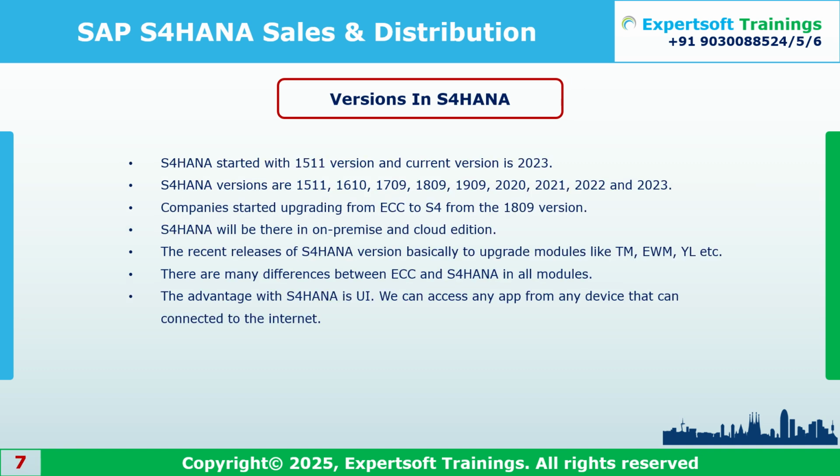Okay. S4HANA was introduced in 2015, and the initial version was 15. Even though they introduced it, those were like trial versions. 15, the version released in 2015, 16, 17 were like trial versions. Actually, companies started implementing S4HANA starting from 2018, and it has taken rapid speed from 2020.